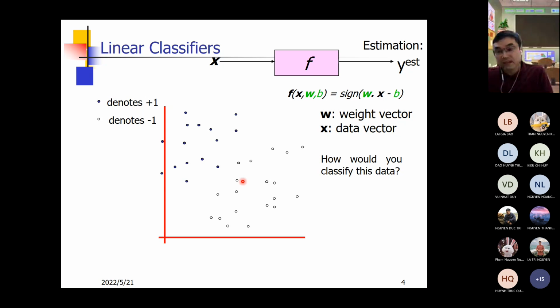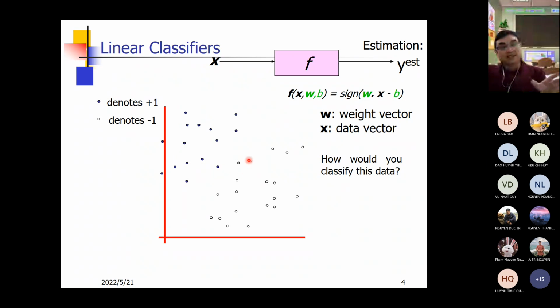But actually, this feature vector could be a high-dimensional vector, more than two-dimensional, like 3, 4, 5, or even 100 or 200. But what we are seeing here is where we project this data onto two dimensions, so we can have a picture that is very nice like this one, right?